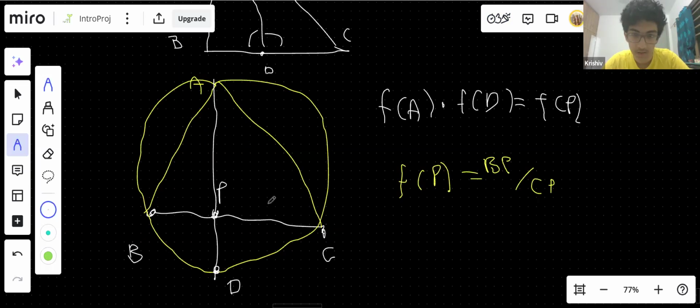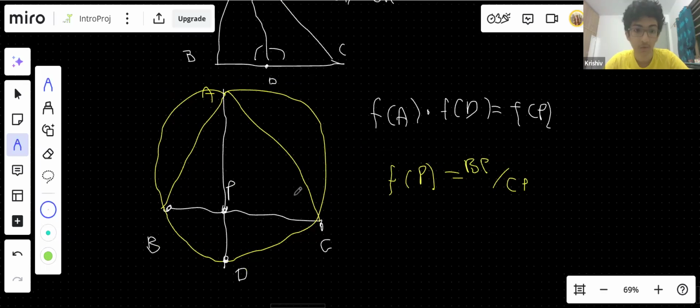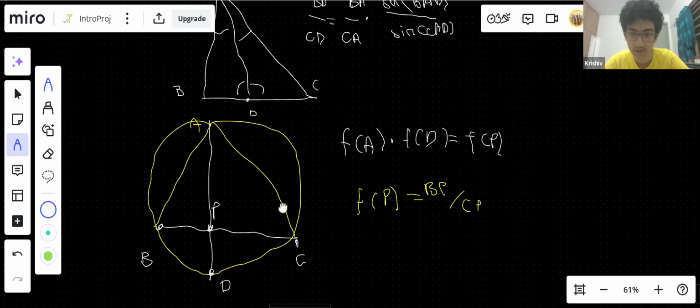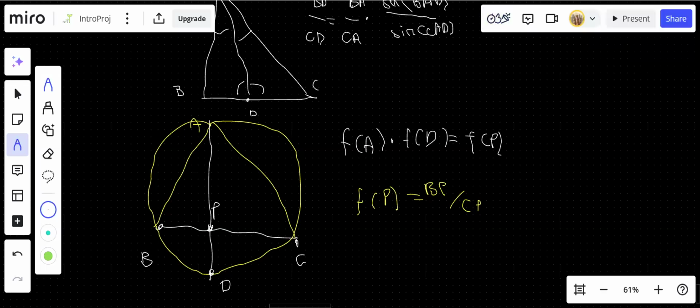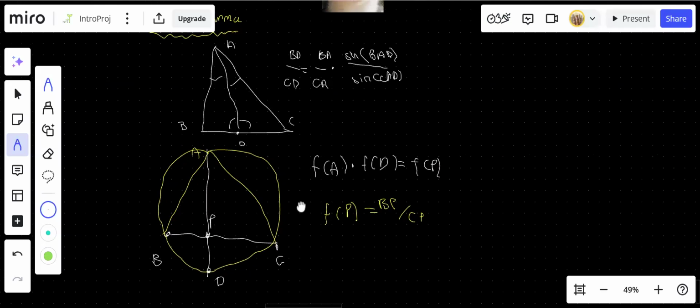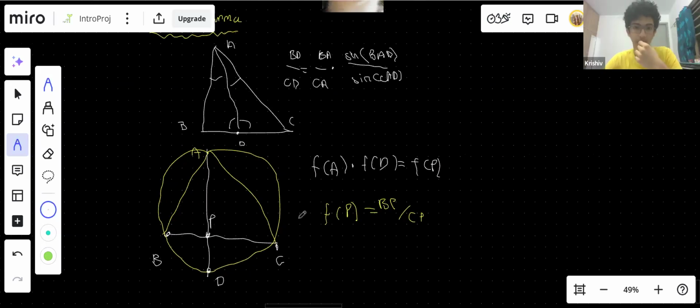Can anyone prove this now? It's also very simple. We just do the ratio lemma two times, once for the upside and once for the downside, and then maybe using the properties of a cyclic quadrilateral we can do it. Yeah, fair enough.